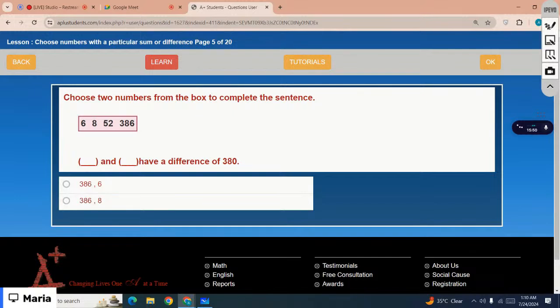The correct option is option number one. 386 take away 6 makes 380. Very good. Option number one is the correct option.